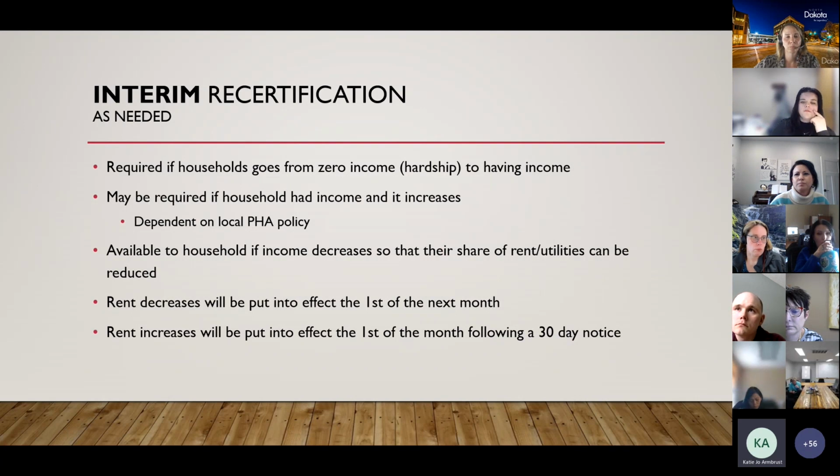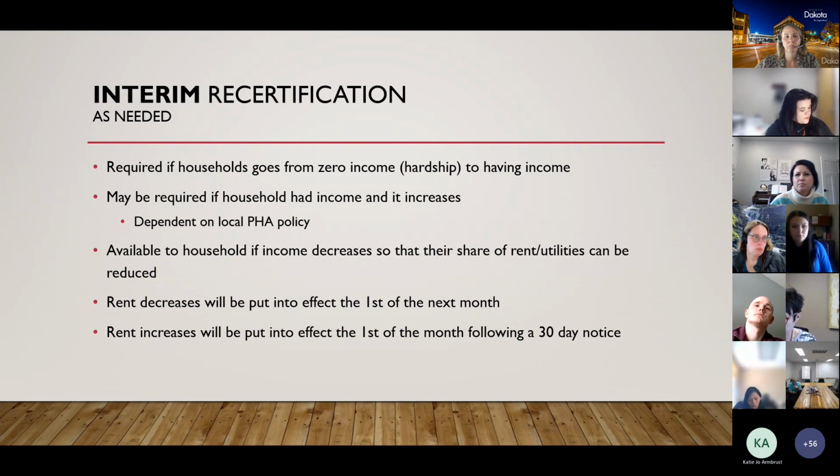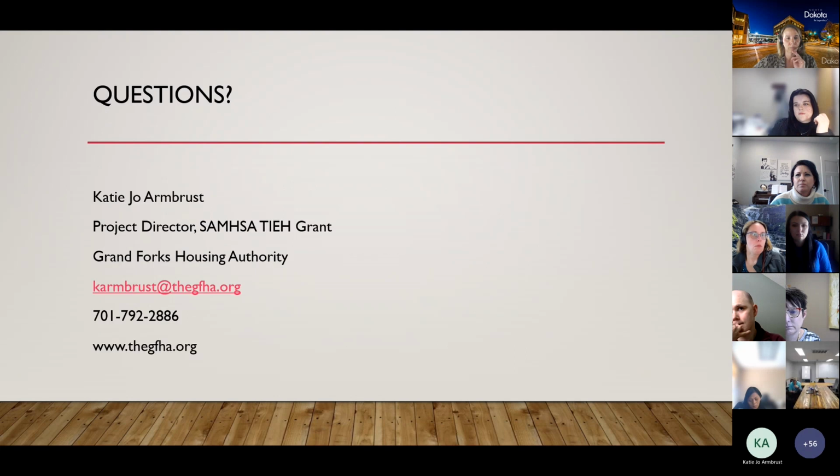There is an important note for households that have zero income: you can receive housing assistance with zero income, but if you begin to receive income, you need to have an interim recertification done. Whereas if you're already employed and you are now getting a raise or a promotion, that doesn't necessarily have to be done until the annual.